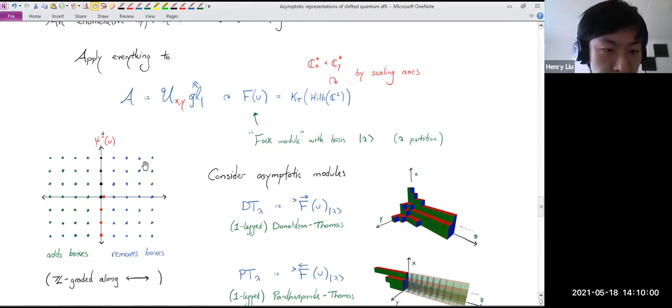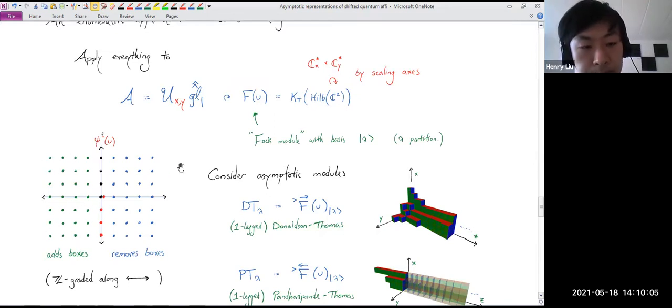And on the other side, the raising operators do exactly the same thing. Like I said earlier, for arbitrary Nakajima quiver varieties, the loop Cartan psi will act on a partition lambda by multiplication by a certain tautological bundle. Maybe I'll be a bit more specific about that later. It's not super important.